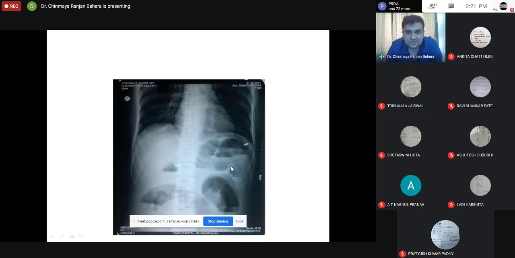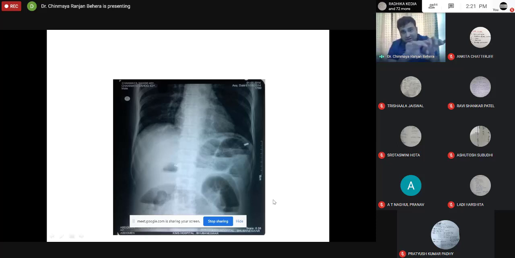So you can see dilated loops with multiple air fluid levels in the jejunum and in the ileum. So most probably this is an obstruction of the distal ileum. So this is a small bowel obstruction. That is how you come to the conclusion. Why?